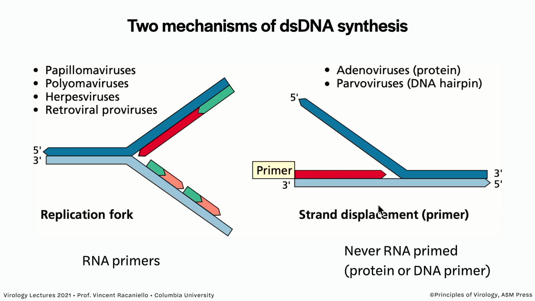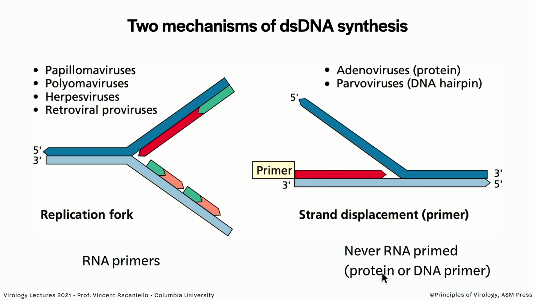On the other hand, strand displacement is different. Here you have a primer. You begin at one end of the DNA and you displace the top strand here. So as the polymerase is making the product in red, the top strand is displaced. That's why it's called strand displacement. And this also requires a primer, but it is never an RNA primer as it is for the replication fork.